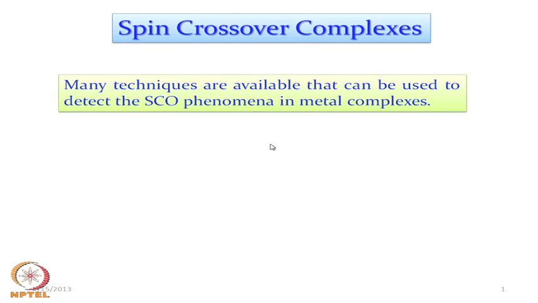So, we will just go through some of these techniques, because the basic reason behind the formation of these types of complexes we have discussed. So, what are the techniques available which can be useful to detect this particular phenomenon in different transition metal complexes where we have unpaired spins?